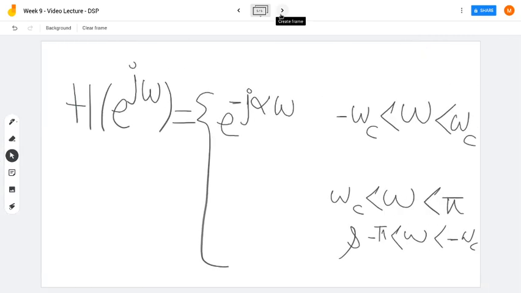So the gain over here will be simply 0. And this would be the frequency response of an ideal low-pass filter with a linear phase.